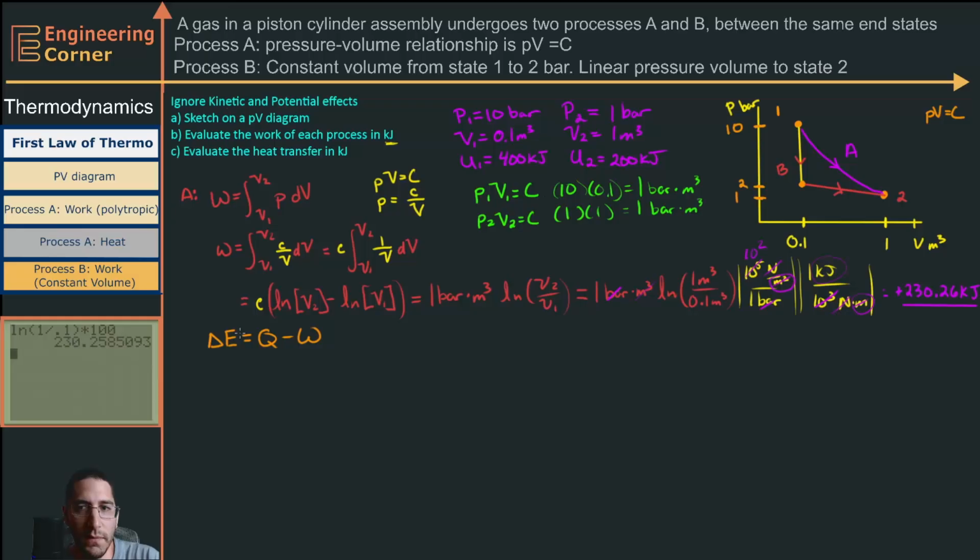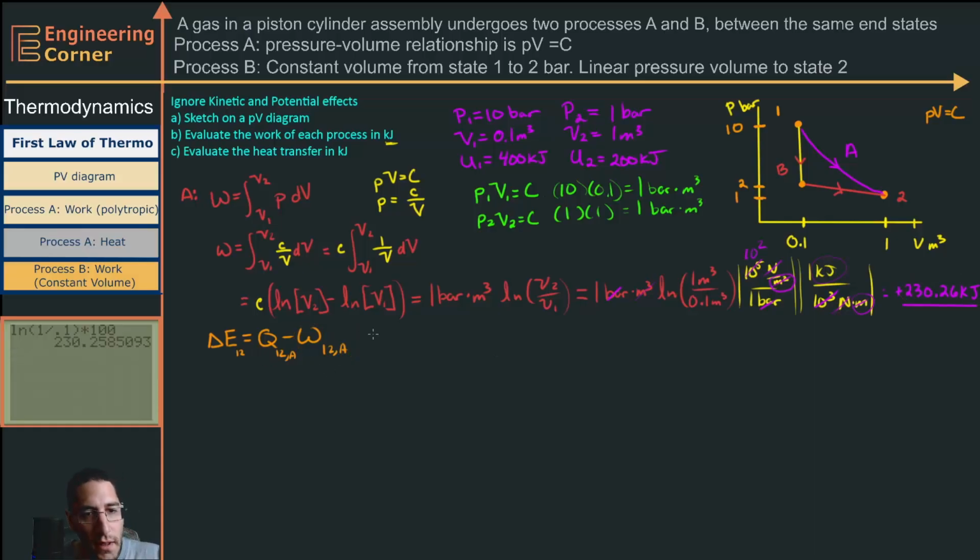And so this is going to be the change in energy from 1 to 2. Q of 1 to 2, and we'll annotate this as A, and work 1 to 2, we'll annotate this as A. So this work we already found. This work is right here.